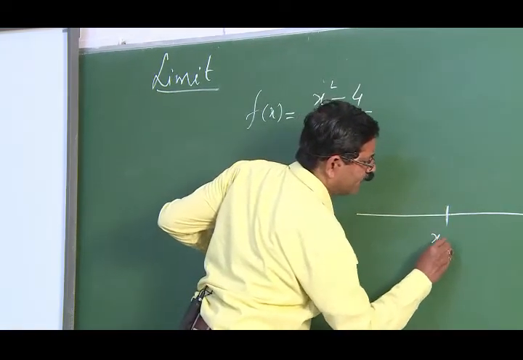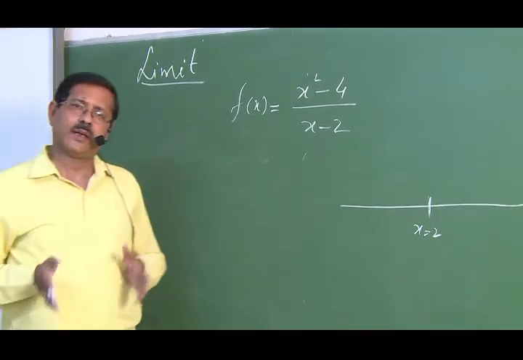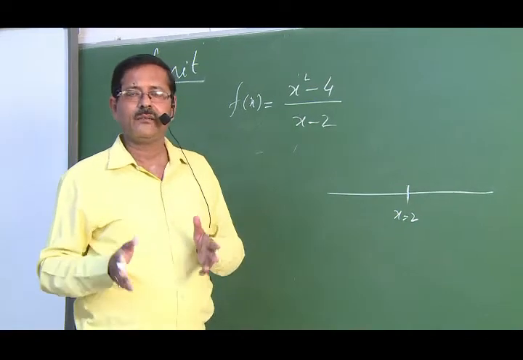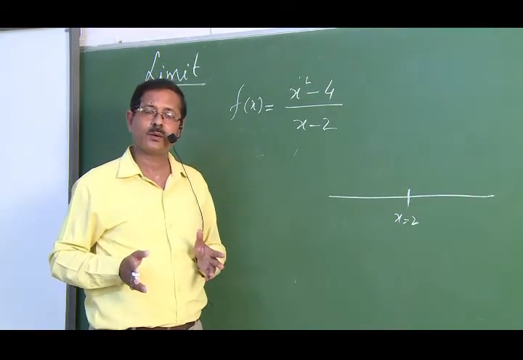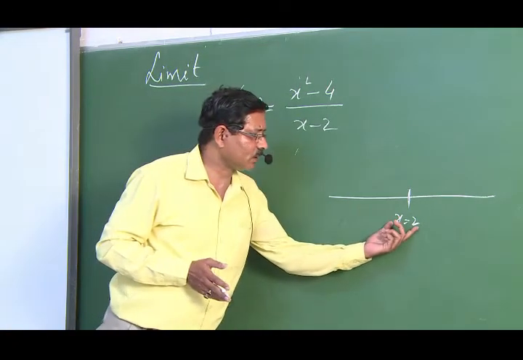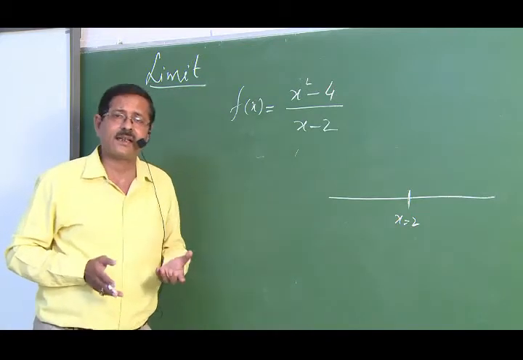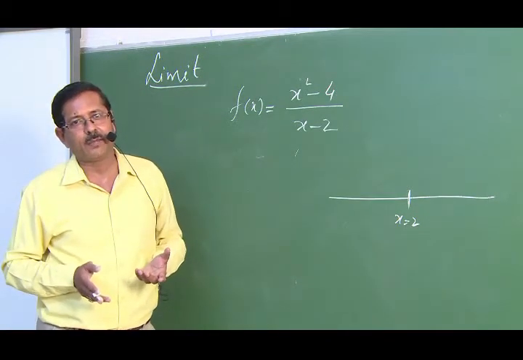Now tell me one thing. Can you define a number which is just greater than 2? At x is equal to 2, a number which is just greater than 2 or a number which is just less than 2 is not defined, my dear.